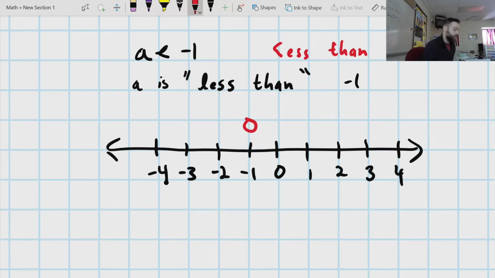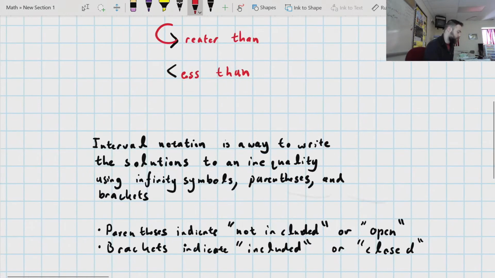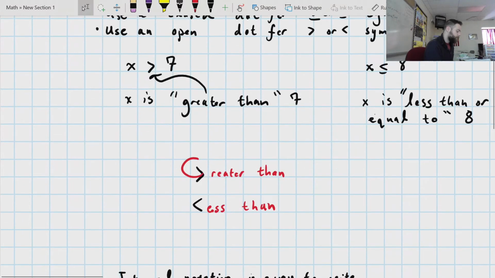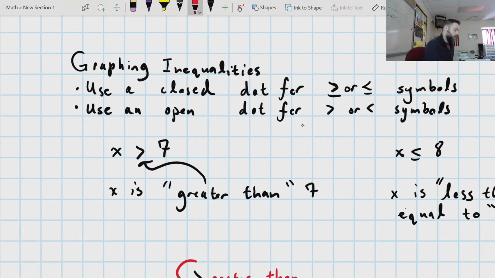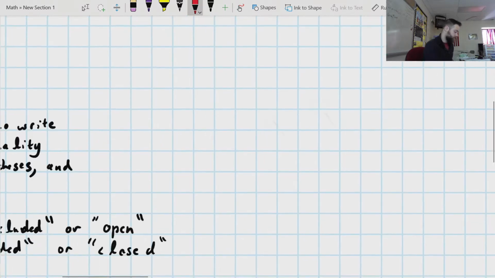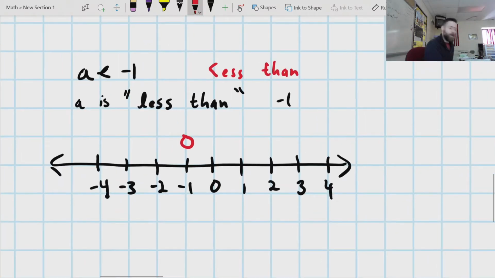If you look back in your notes, hopefully you wrote this stuff down, an open dot is used for greater than signs or less than signs. And then I'm going to shade towards numbers that are less than -1. So numbers that are less than -1, that are lower in value, are this direction.